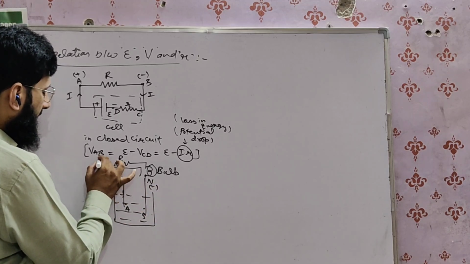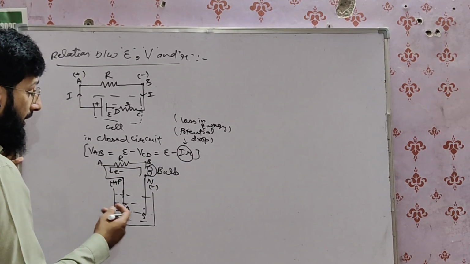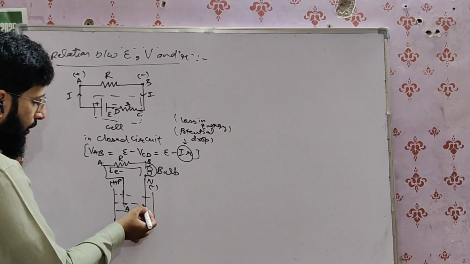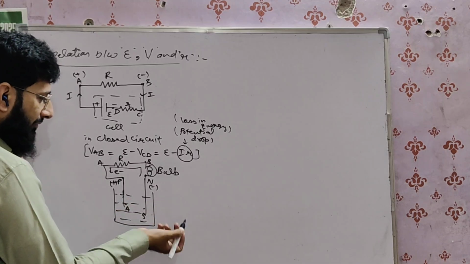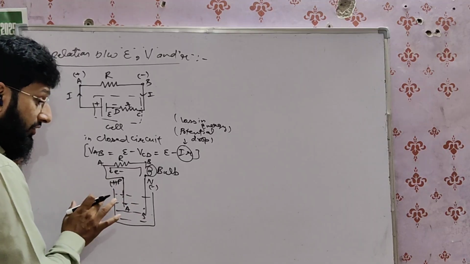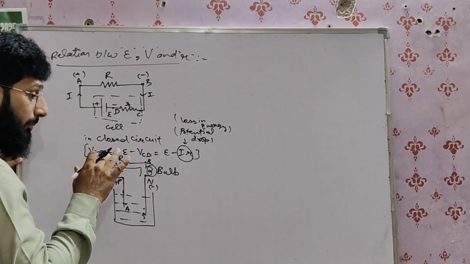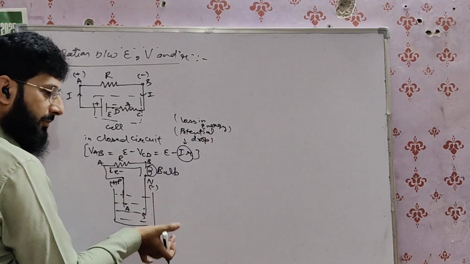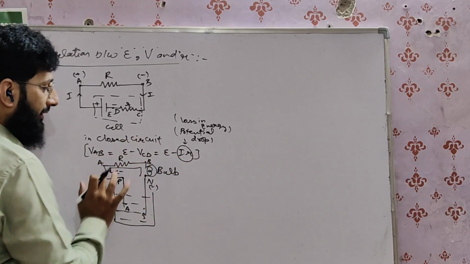So electrons must have accelerated due to the potential difference across the electrodes. But when ions move from one electrode to another, left to right or right to left, doesn't matter, there is a resistance between the electrodes, and due to the resistance energy will be lost. And how much energy will be lost? The potential drop which is present here, and this is Ir.